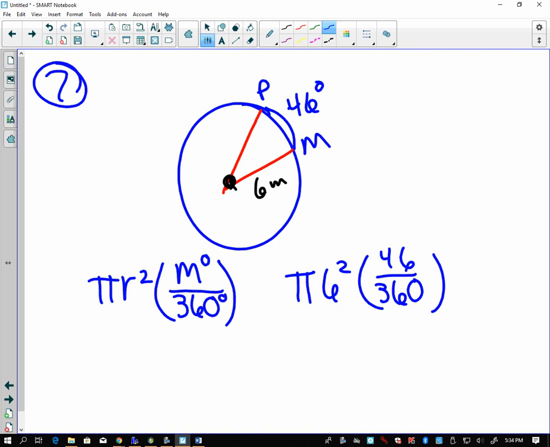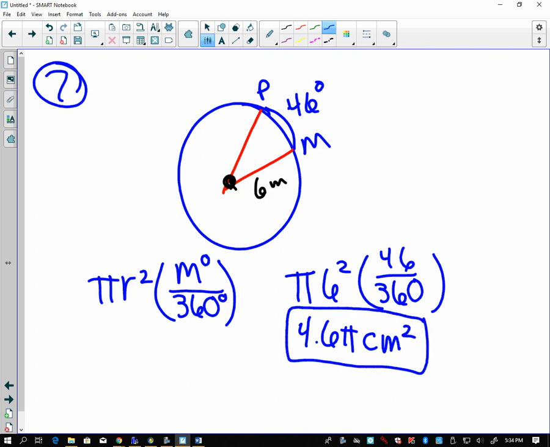So we're going to look at 46 over 360 times 36, or 36 times 46 divided by 360. That actually gives me 4.6 pi, and this would be in centimeters squared in this question. Again, different number, same question. But that's good practice for you.